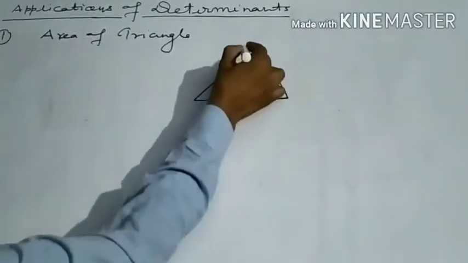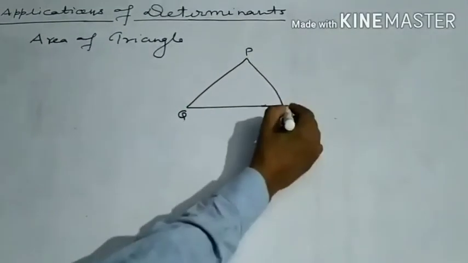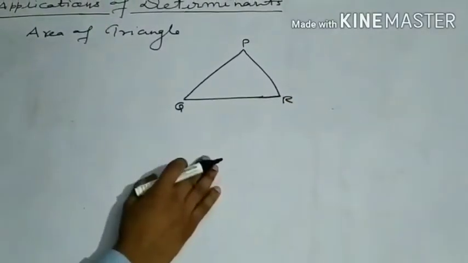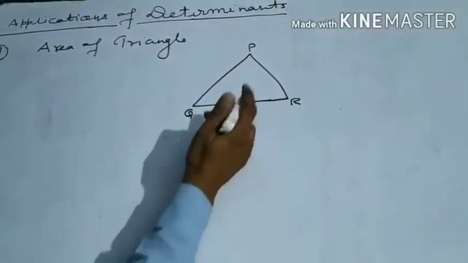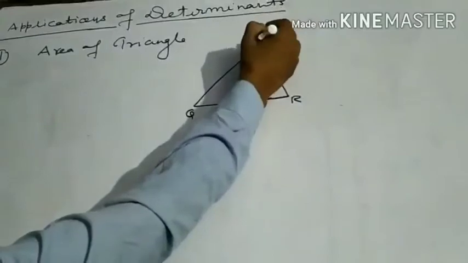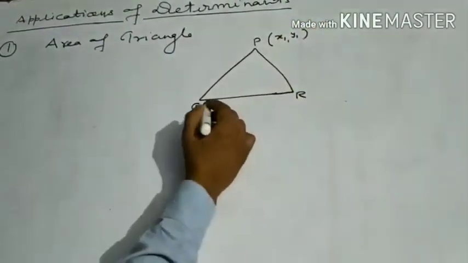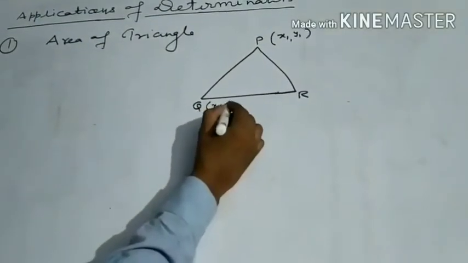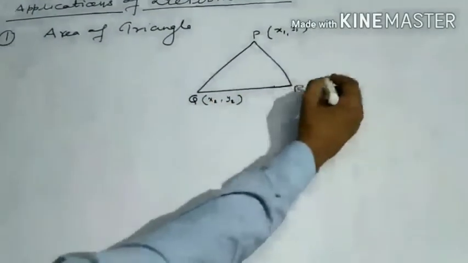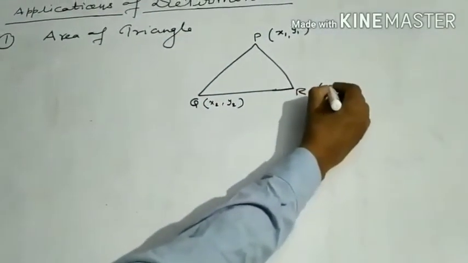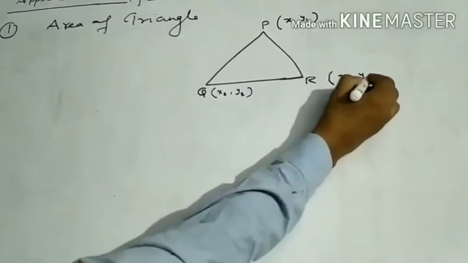Here, suppose one triangle is given. Suppose this is P, this is Q, and this is R. Let the coordinates of P be x1, y1, Q be x2, y2, and R be x3, y3.